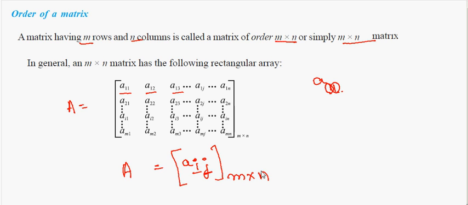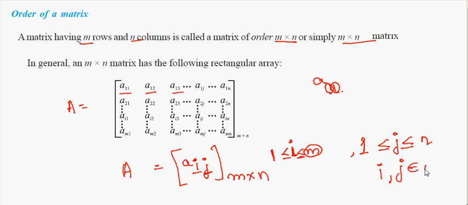If it is m by n, then i, the row, should be within 1 and m. If it is n columns, then j, the column, should lie between 1 and n, where i and j both belong to natural numbers.